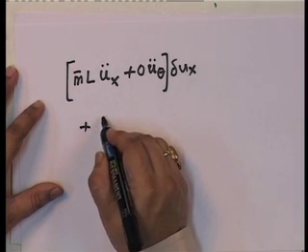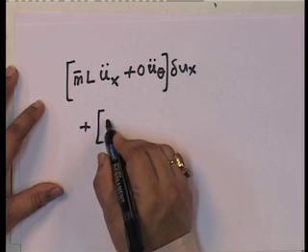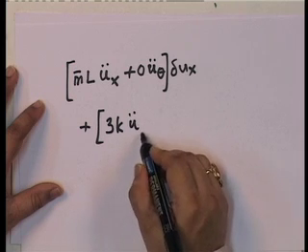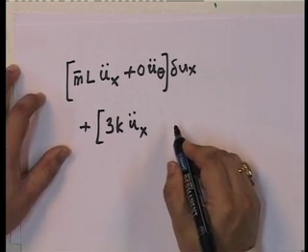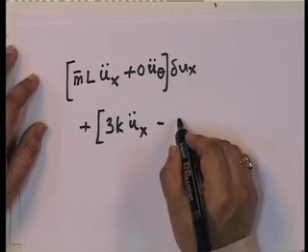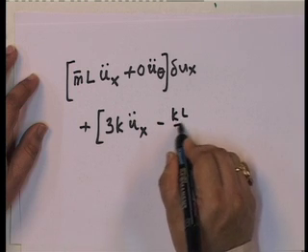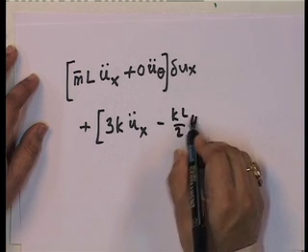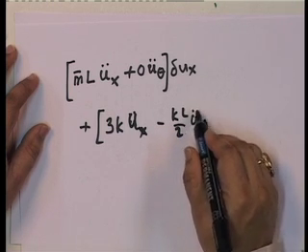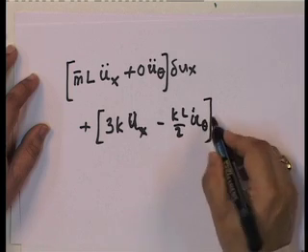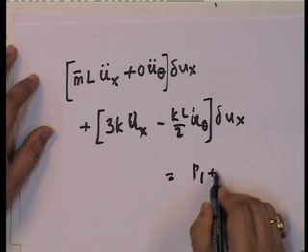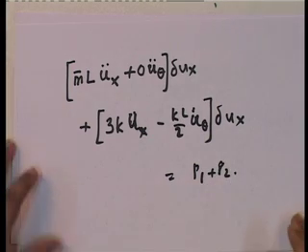So, I get 3k u x, and then minus k L over 2 u theta, into del u x is equal to P 1 plus P 2.